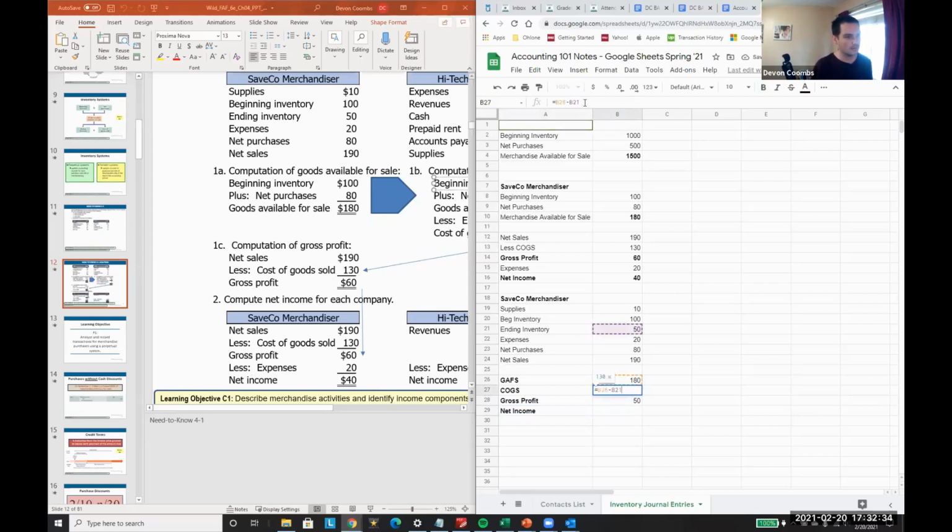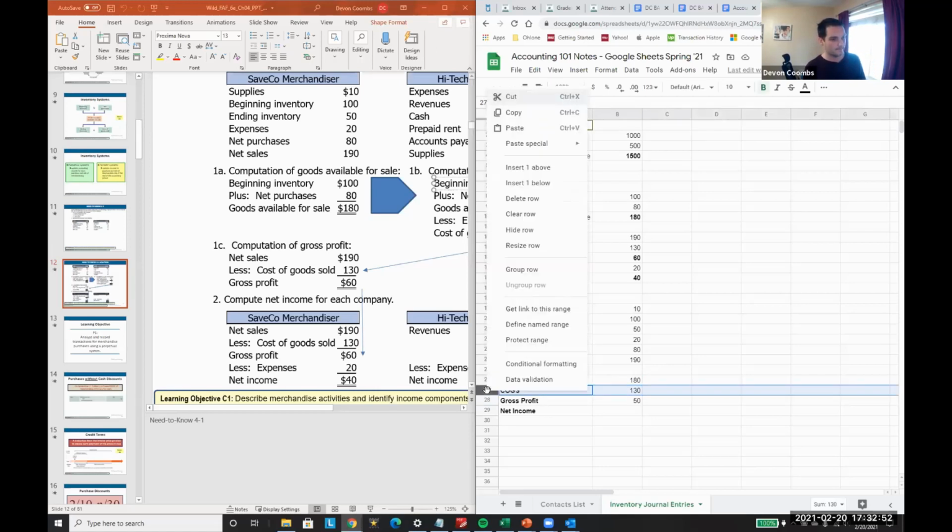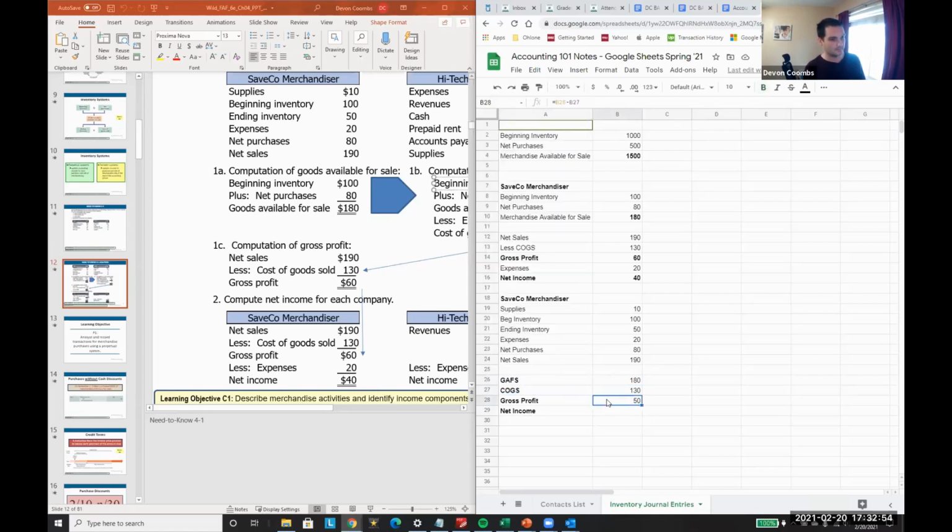Let's see, where am I missing this? Goods available for sale. Oh. I must have put something in wrong here. Net sales. Oh, sorry, our net sales. Forgot that piece for the gross profit. Our net sales, which is up here.